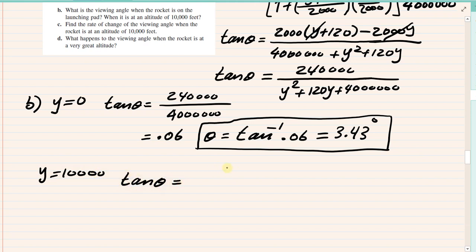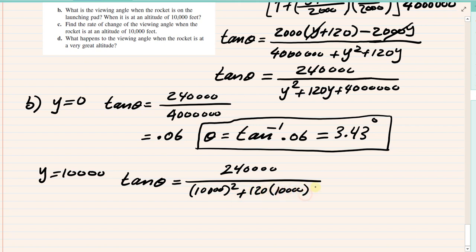The numerator again remains 240,000 divided by the denominator. Put 10,000 for y, you square it, plus 120 times 10,000, plus 4 million. These are large numbers we're working with.